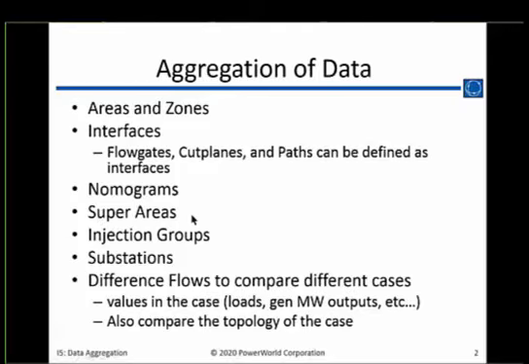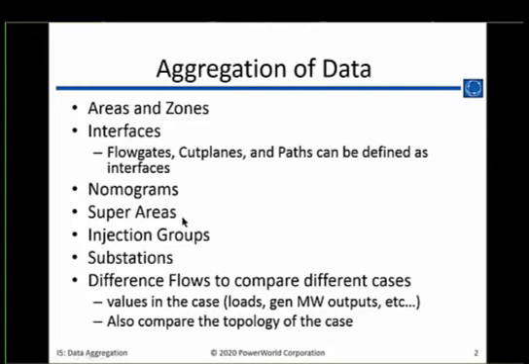Super areas are particular, I believe, to PowerWorld Simulator, and what this allows you to do is to combine areas together into effectively a single area. So it's useful for like doing RTO type analysis or ISO analysis. Like, for example, in California, maybe you want to take the PJM area and the San Diego area and the Southern Cal Edison area and combine those into a California ISO super area.